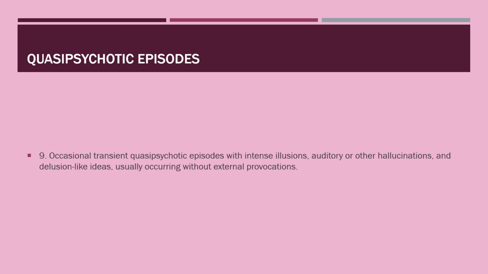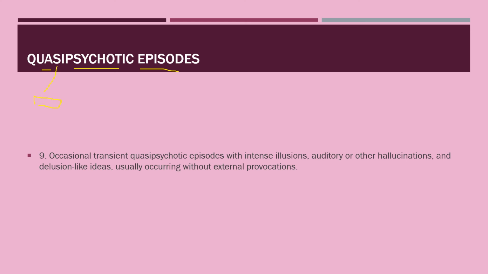Number 9 is the quasi-psychotic episodes. Quasi means not real, or quasi means they're very short and not continuous as in psychotic disorders like schizophrenia, but very short, and not having the full flavor of all the psychotic episodes.